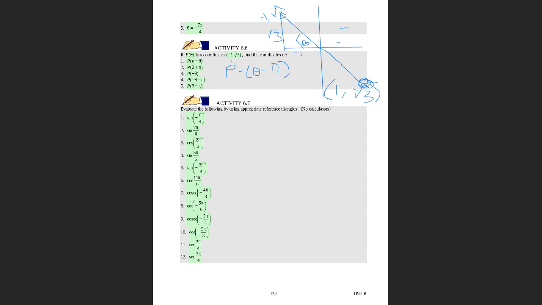So it's going to be negative 1, and we will still get the same negative 1 because of the negative. Okay. Does it make sense to you? Any questions there?